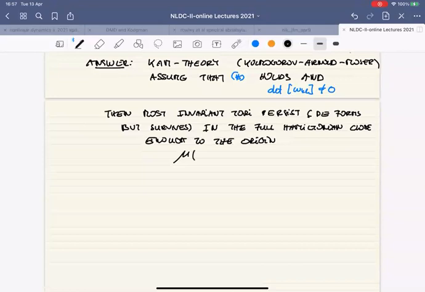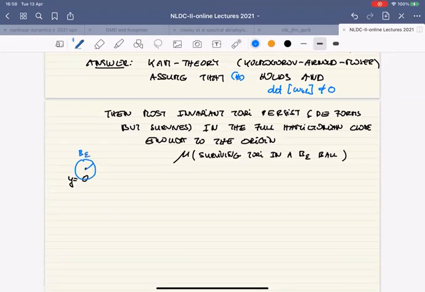So the measure of the surviving tori in a B epsilon ball. So imagine a little ball that you take around the zero equilibrium point. So this is y equals 0, okay? And I take a little ball. So this is B epsilon, whose radius is epsilon. So the statement is that there will be surviving tori within that ball, many of them.